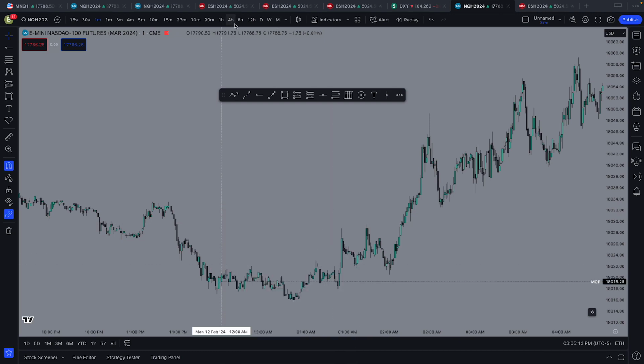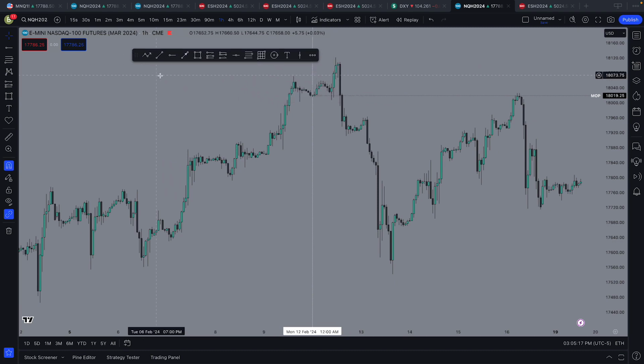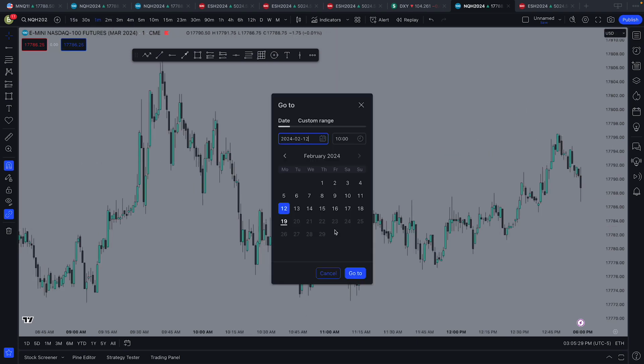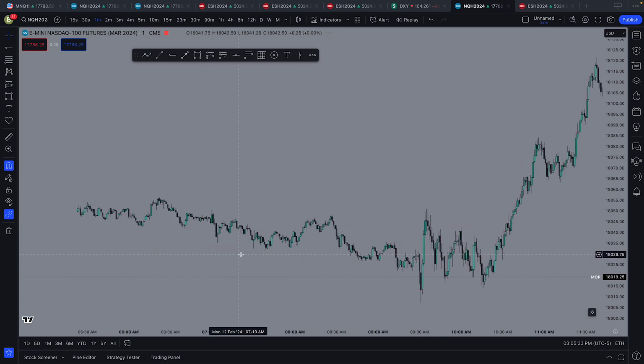And again, just to show you how powerful midnight open is. So midnight open price is here all the way on Friday. Look at how clean that rejection is there off of the midnight open price. Body's closing below it. But not to get sidetracked, just wanted to show that. So we have midnight open there.